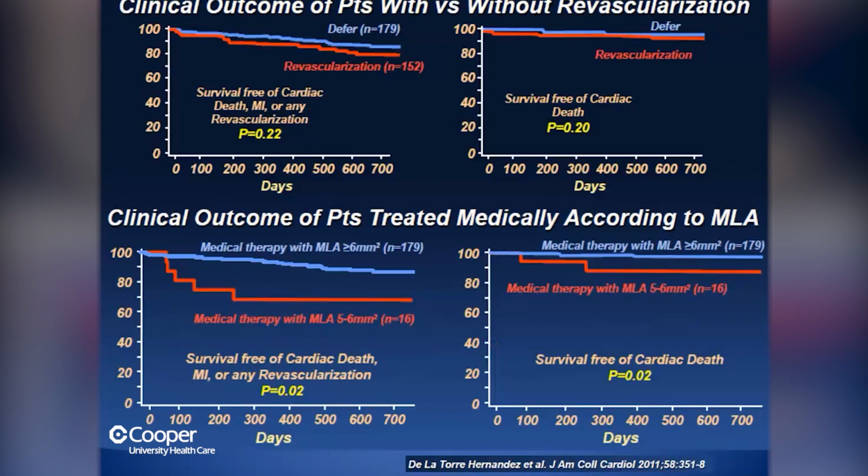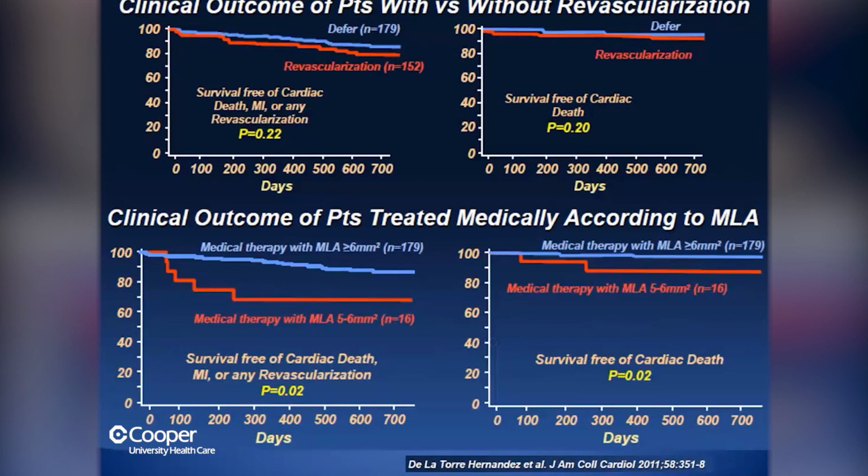So those people are less than 6 millimeter but over 5 millimeter. That's why we feel that 6 millimeter is probably the reasonable cutoff for IVUS. Going below 5 millimeter, it probably will not add any advantage.